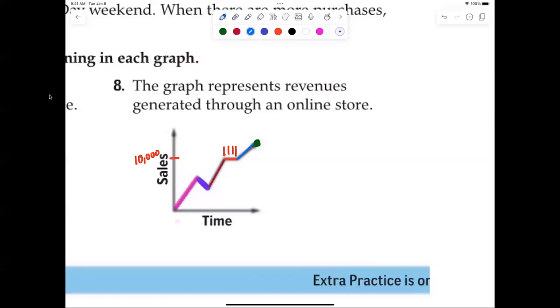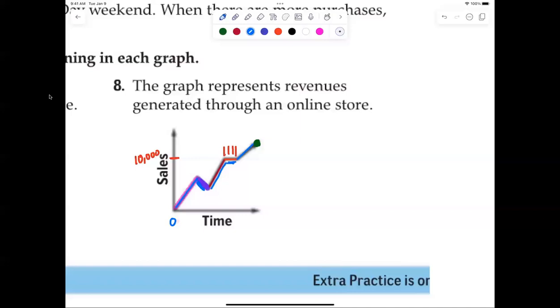All right, there were no sales right now, correct? And then they came out with a new product and everybody's buying the product. Does everybody agree? Now, all of a sudden, the demand for the product goes down, right? And then let's say they upgrade something and now everybody likes it again. All right, and then it remains the same. They're still selling, but it still remains the same. Does everybody understand what I'm getting at?